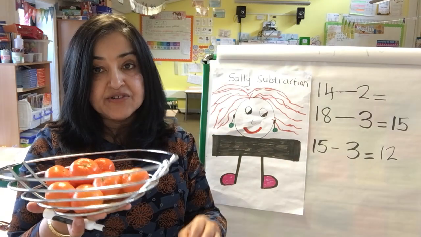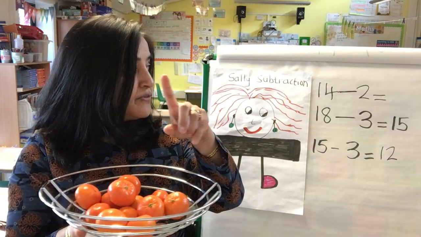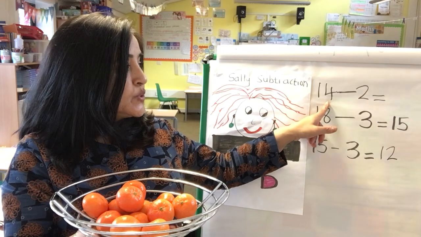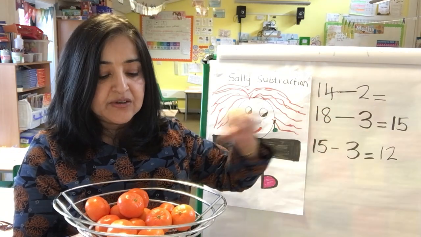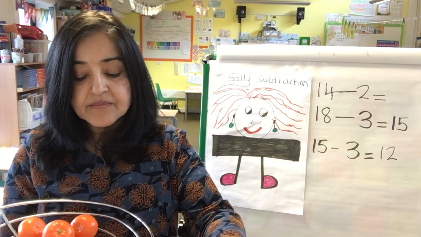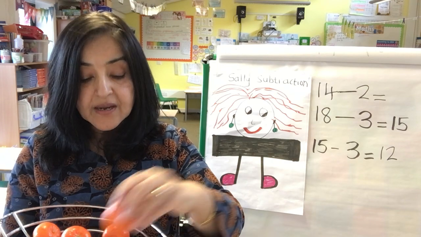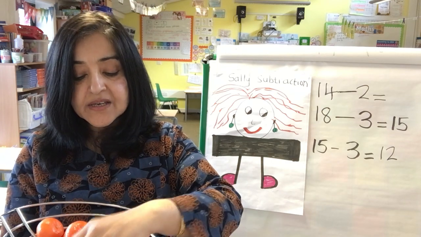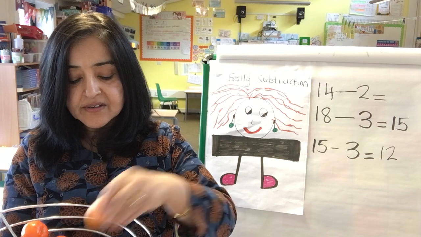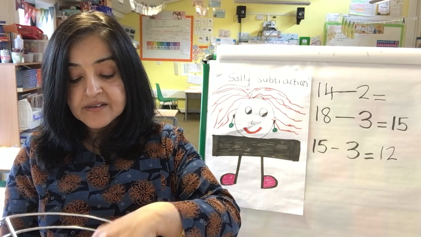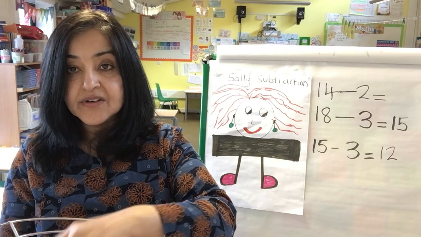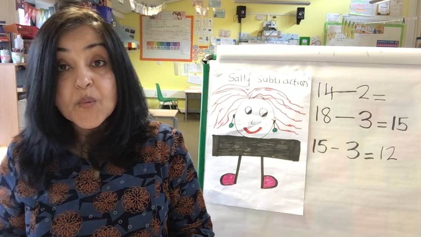So let's count. Are you ready? How many we got left? Let's see if you're right. Work it out. 14 take away 2 equals 1, 2, 6, 7, 8, 9, 10, 11, 12. Well done.